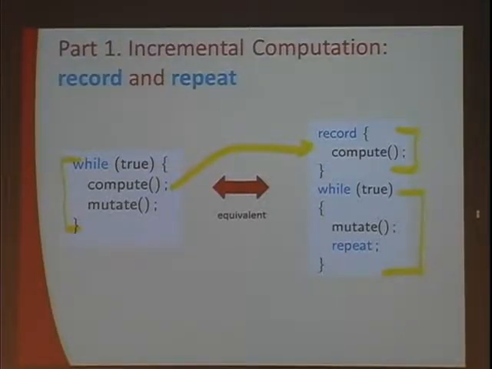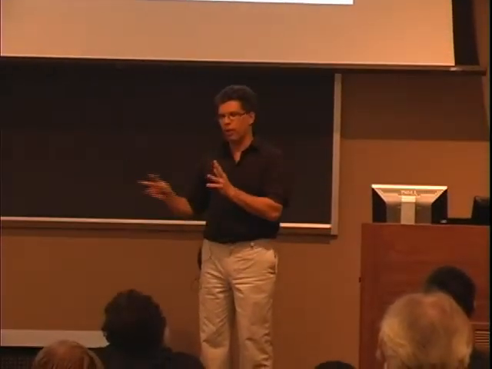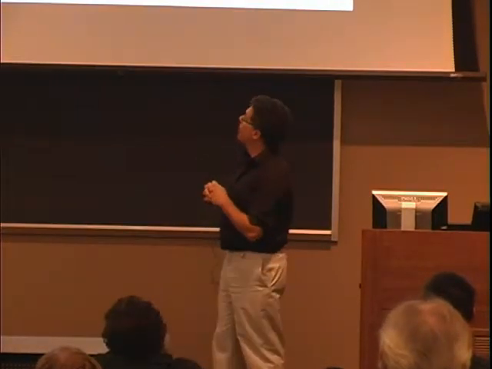Then our loop now does the mutation as before, and when I want to redo the computation, I invoke the repeat command. So essentially, record says, here's a piece of code that's important for me. It's expensive. Please do some smart caching or smart memoization so that I can later repeat it. These two primitives are essentially the idea behind self-adjusting computation, with a bunch of other primitives, special data types and such, and dependence tracking.